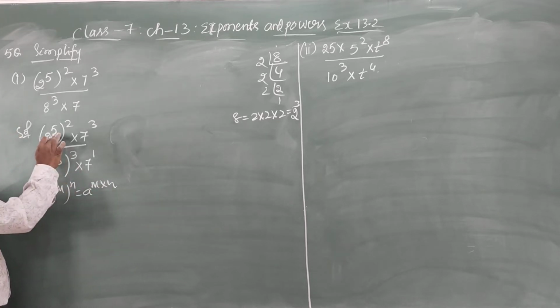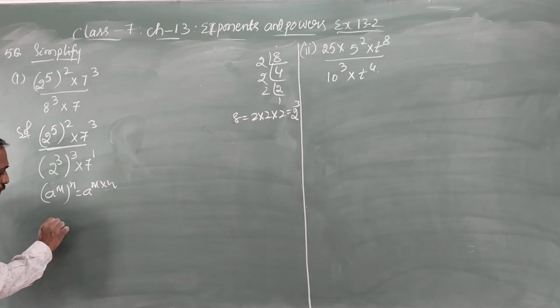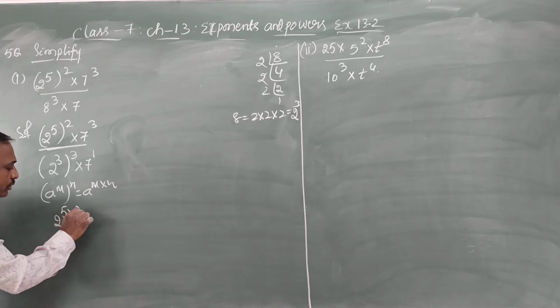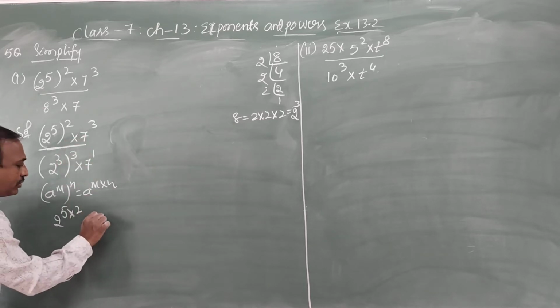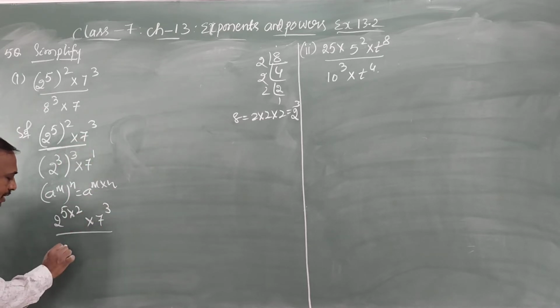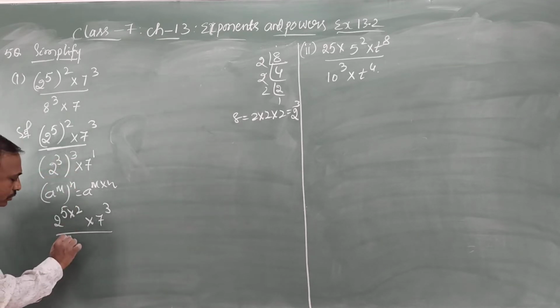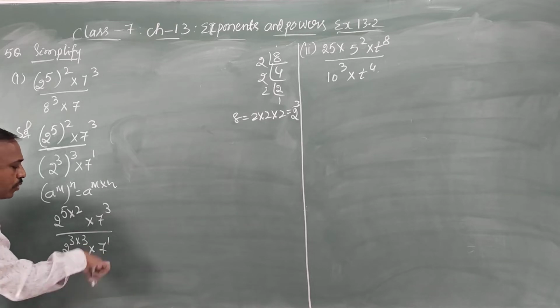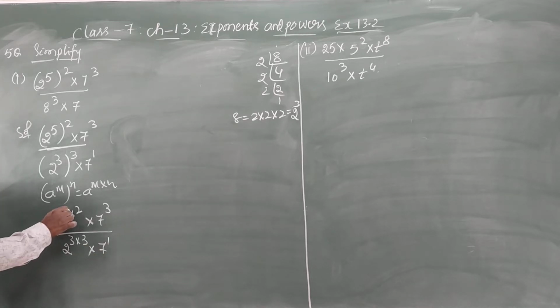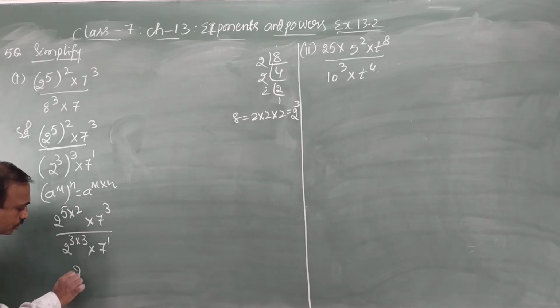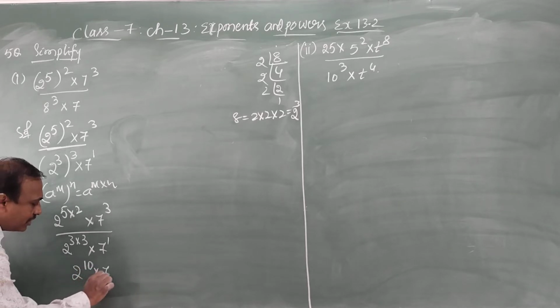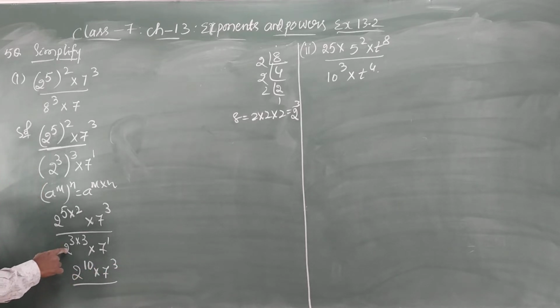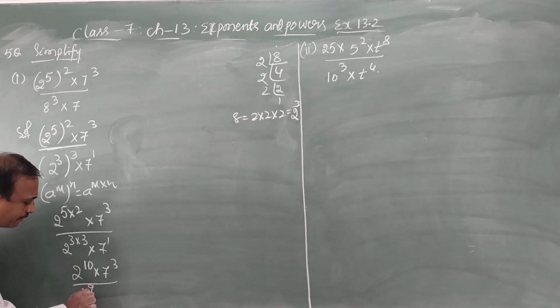We are applying this here. So 2 to the power 5 into 2, into 7 to the power 3, by 2 to the power 3 into 3, into 7 to the power 1. Now 5 2s are how much? So 2 to the power 10 into 7 to the power 3, by 2 to the power 9 into 7 to the power 1.